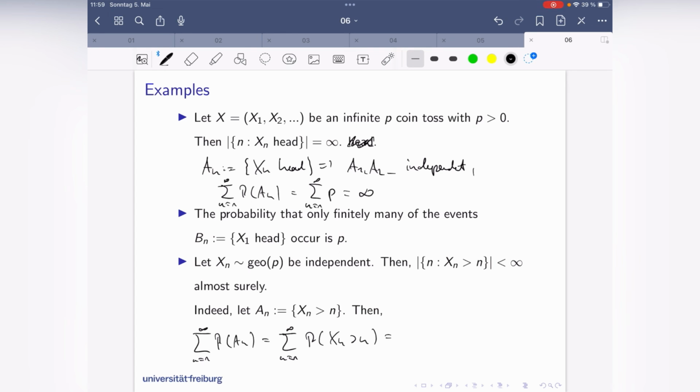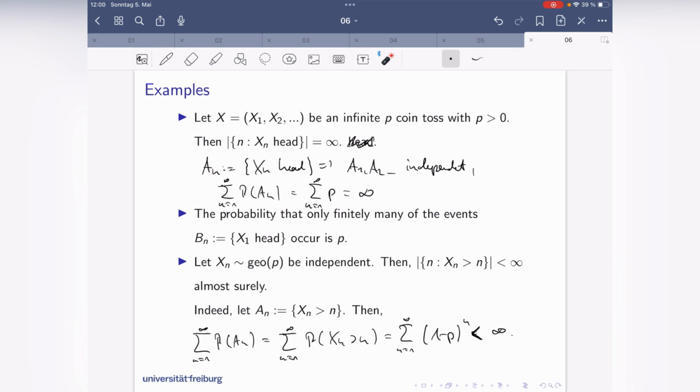How is that? The probability that it takes me more than n trials to get a success, that's 1 minus p to the power of n, from 1 to infinity. Yes, like this here. And that's certainly a geometric series which is finite, which means this here only occurs finitely often.